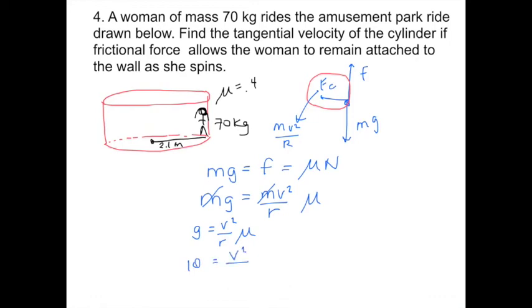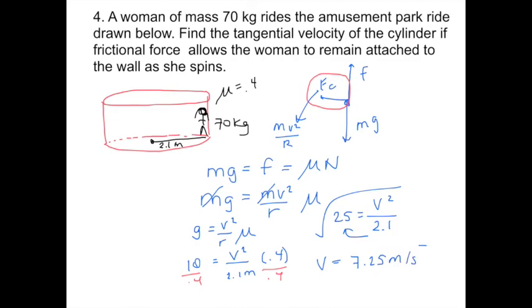We know that its radius is 2.1 meters, and the coefficient of friction is 0.4. So now we're going to divide both sides by 0.4. We get that 25 equals v squared over 2.1. So finally, I'll multiply this 2.1 over to the other side and take the square root of both sides. And we get that the velocity of the ride is 7.25 meters per second. That's its tangential speed.